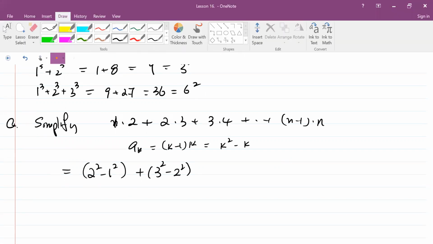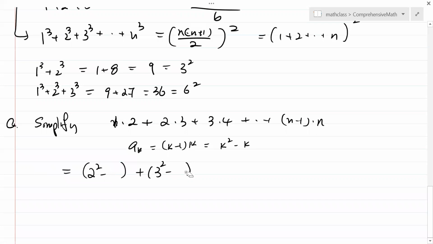Let's see what I'm talking about. So every term looks like that: 2 squared minus 2, 3 squared minus 3, 4 squared minus 4, and so on. The last term is n squared minus n. If you express it in that form, then you can regroup them.